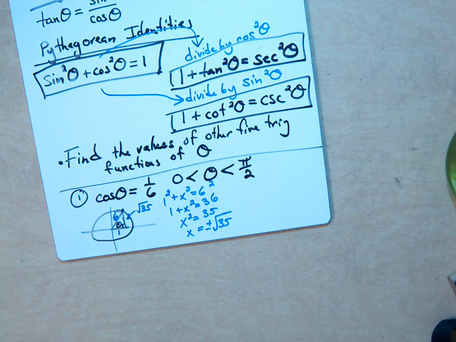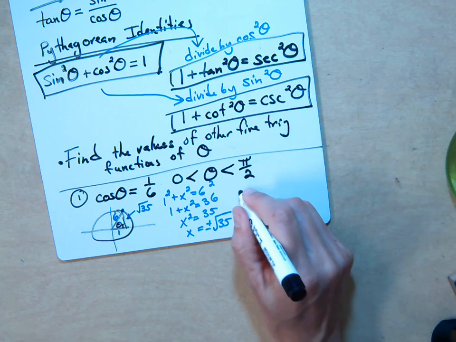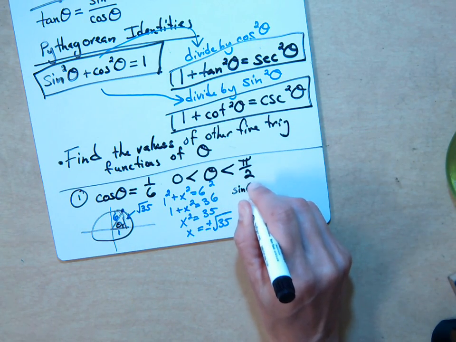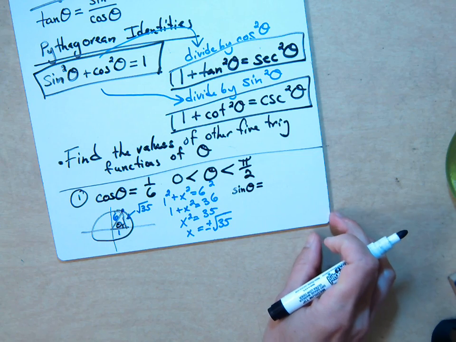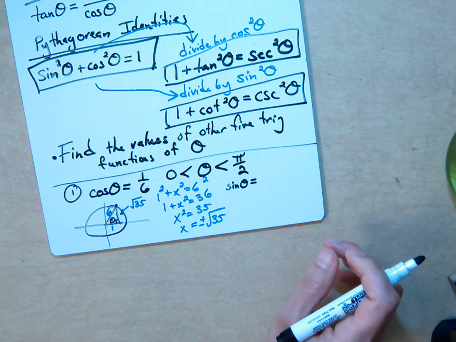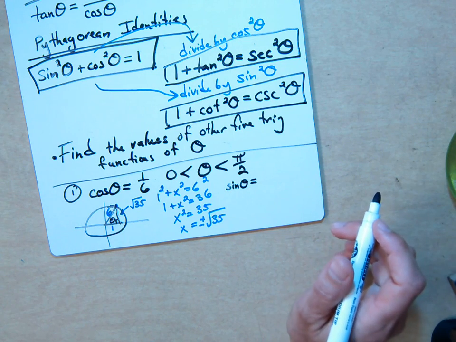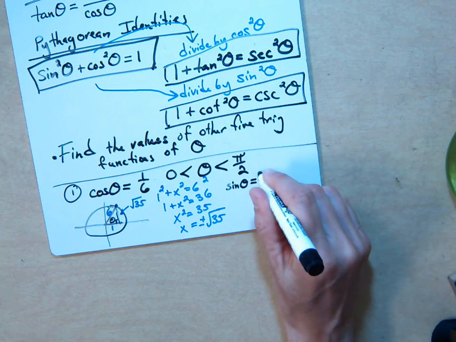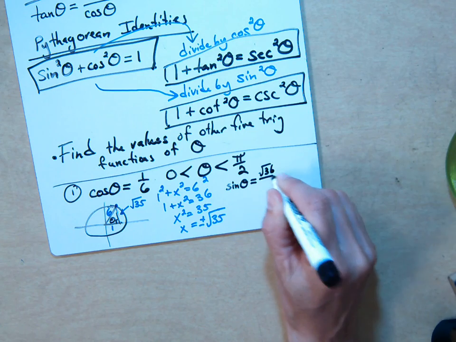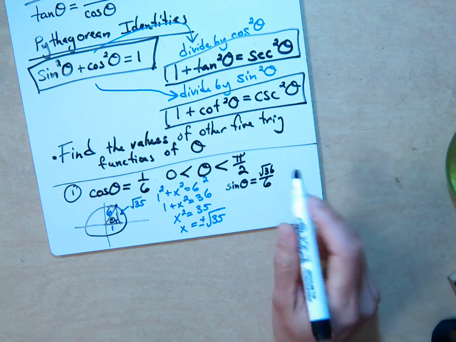Now, using the picture, we can easily answer the question. So we already have cosine. Let's do sine. So sine of the angle, you tell me. SOHCAHTOA, sine is opposite over hypotenuse, so opposite is root 35. Hypotenuse is good. So sine is done.